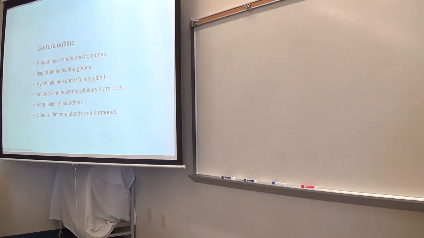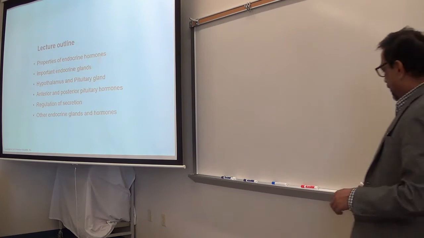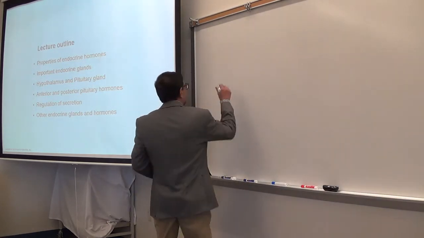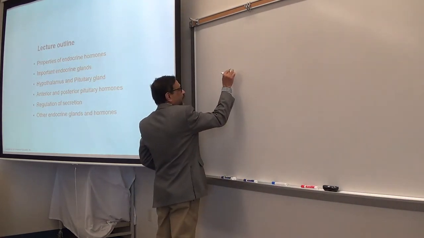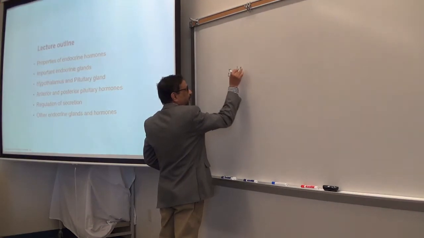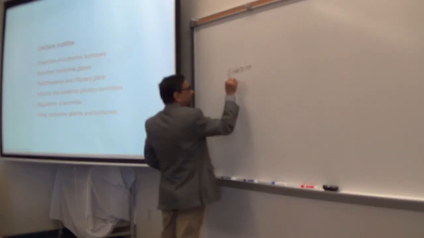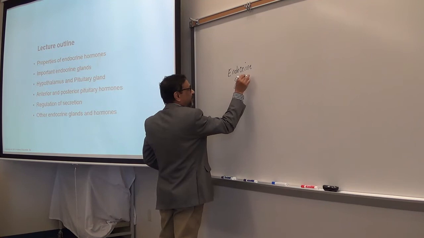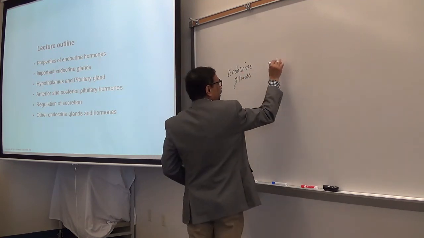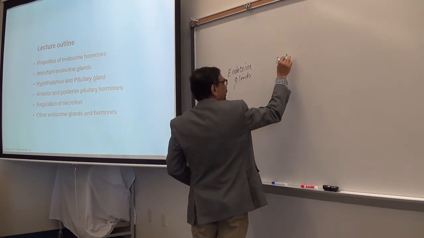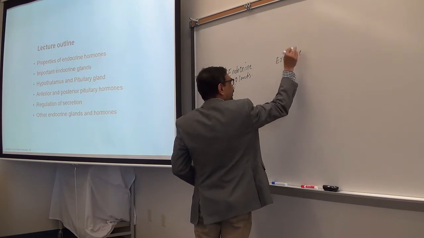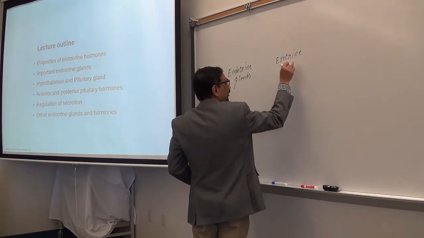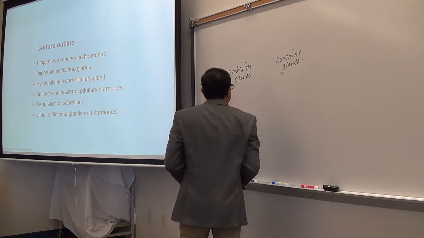So those are two types of glands. Okay, so endocrine glands and exocrine glands. Okay.